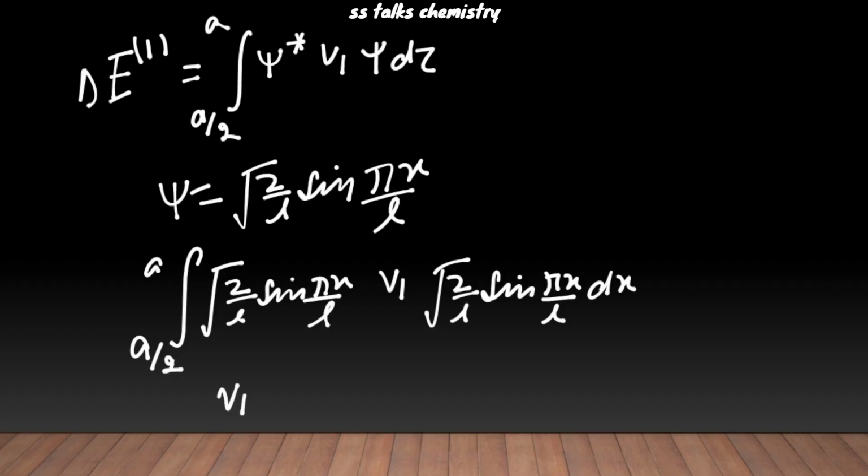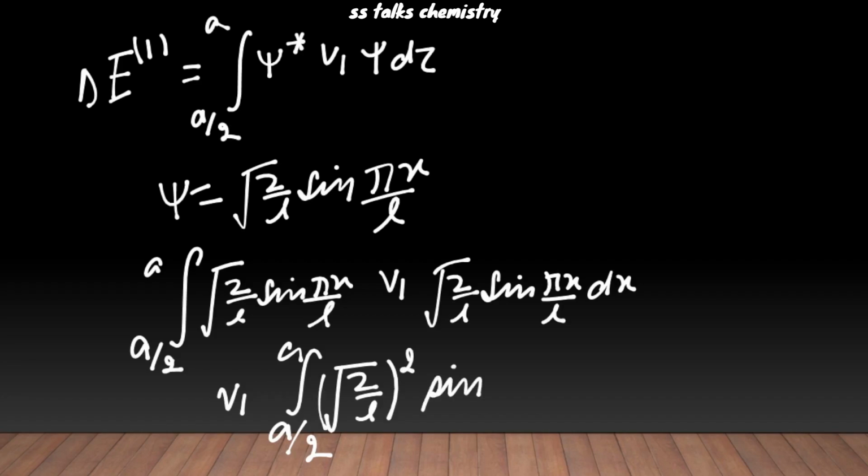This V1, as a constant, will come outside. The limits are from A by 2 to A, into 2 by L, into sine pi x by L its square, into dx.